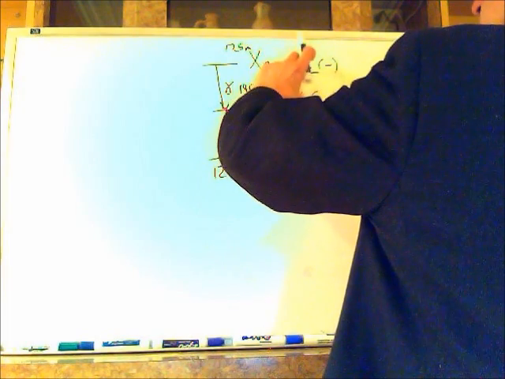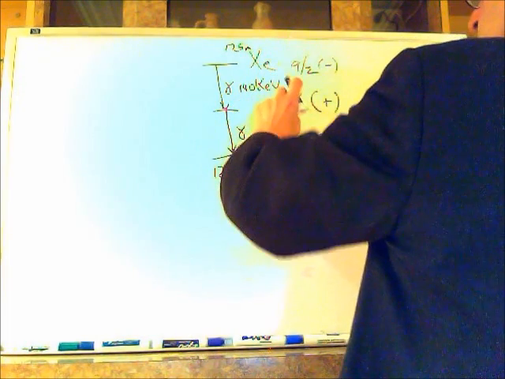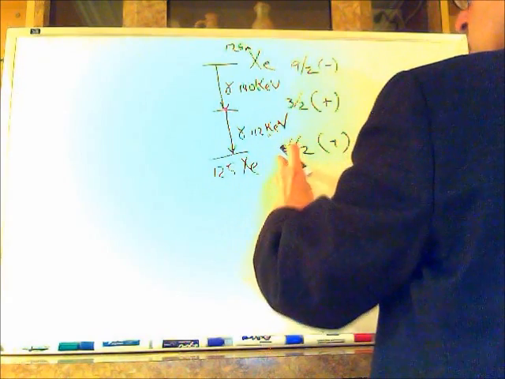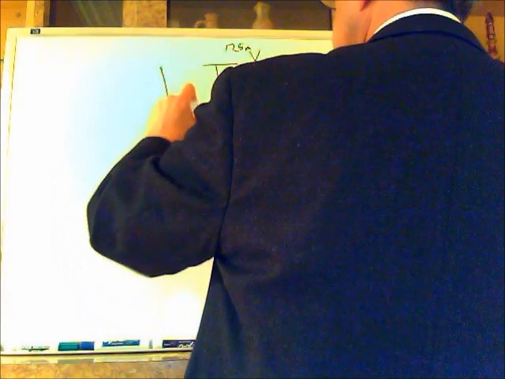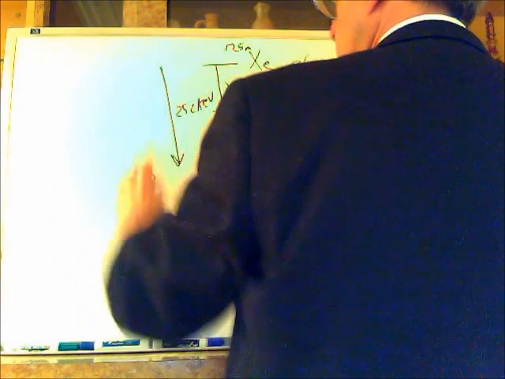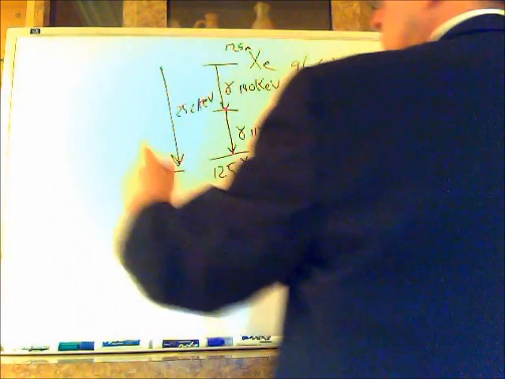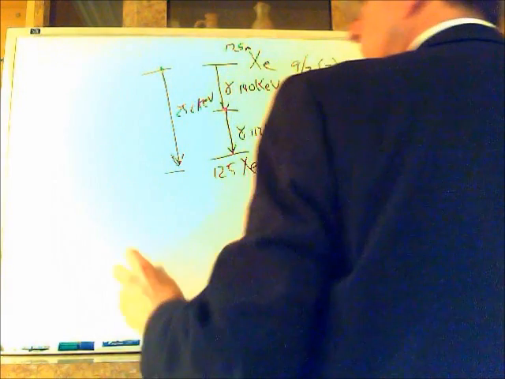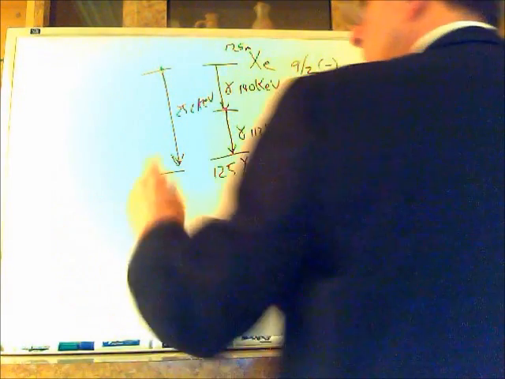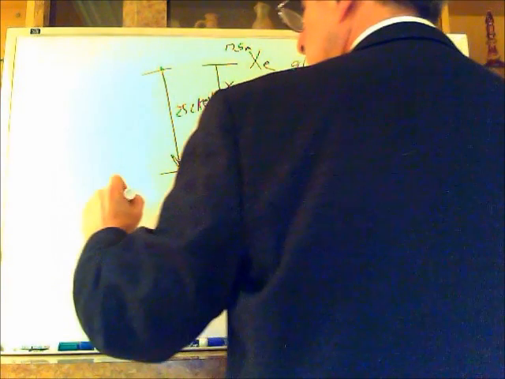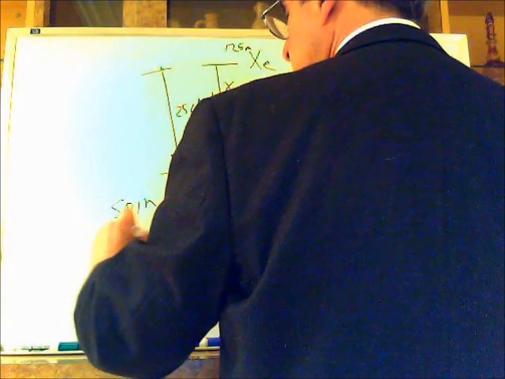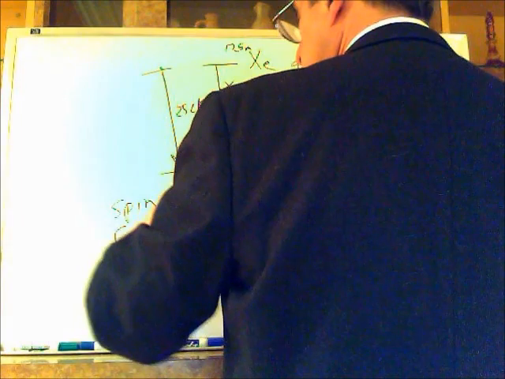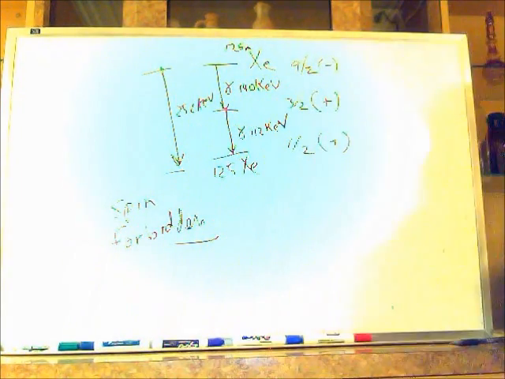This transition from 9/2 to 3/2 is allowed, from 3/2 to 1/2 is allowed, but you'll notice there is no transition that produces a 252 keV electron. It only occurs in these two steps because going from 9/2 to 1/2 is a highly improbable type of transition, and we say that it's not allowed, or it's been forbidden. So this is a forbidden transition, so we don't see that at all.